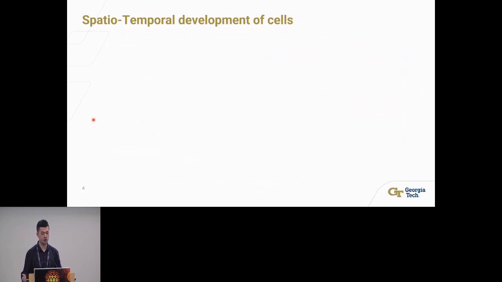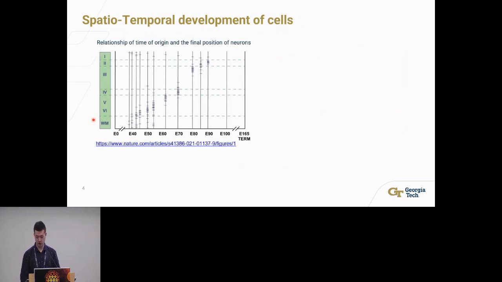So with those two types of dataset we have access to, we would like to ask a very general question: how to jointly model the spatial temporal development of cells. This is a very difficult question to answer at a glance, so I would like to use an example to demonstrate our assumption.